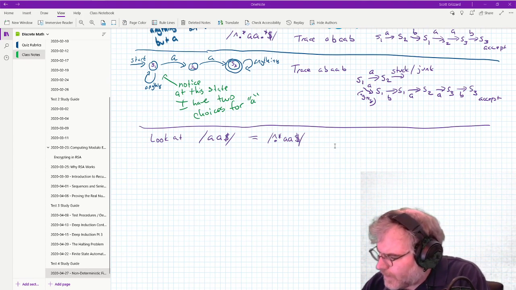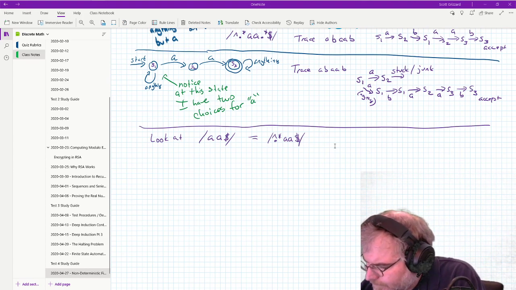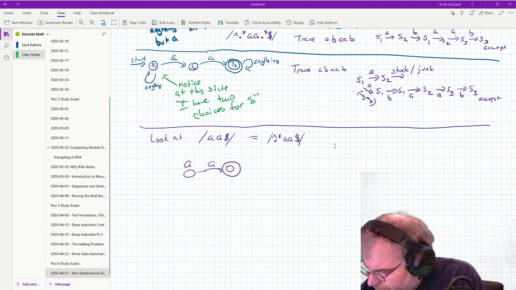So, let's look at it. I know I want a state that's going to end, the thing has to end at A and A. So whatever it is, I'm going to have a terminal state here, and I'm going to have a state with A on it.